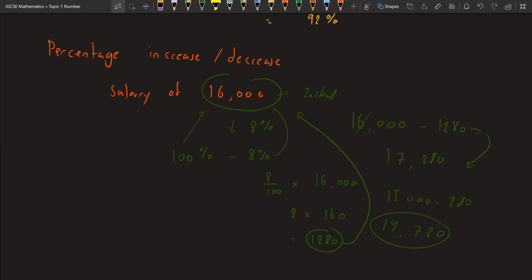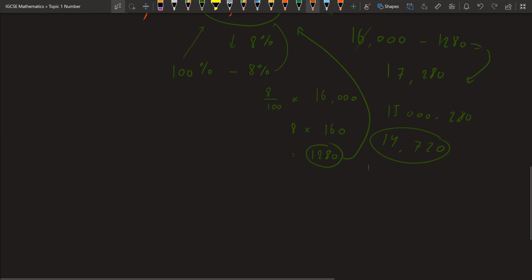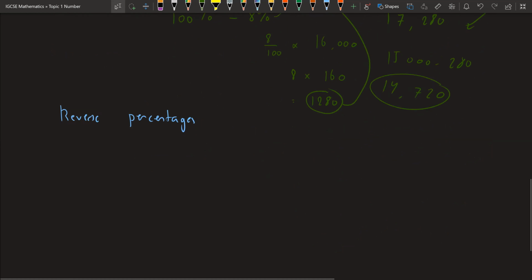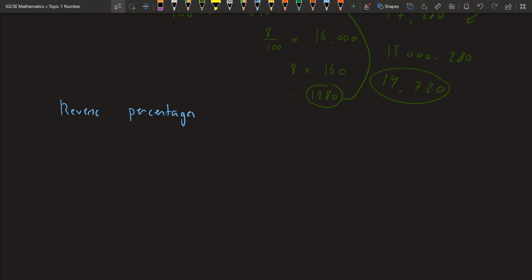Now, we talk about reverse percentages. Essentially reversing the process.